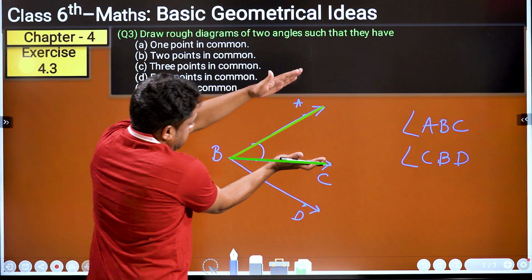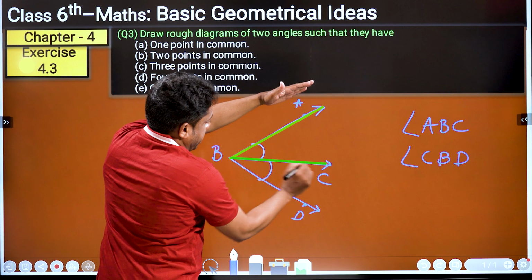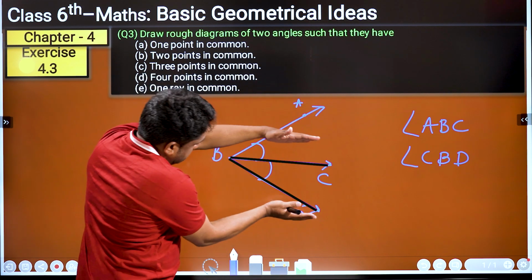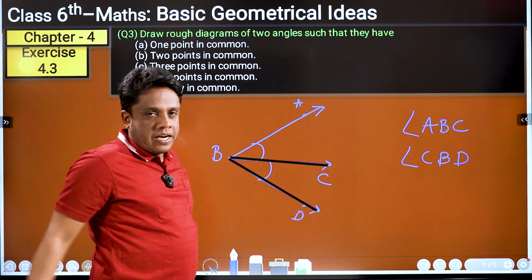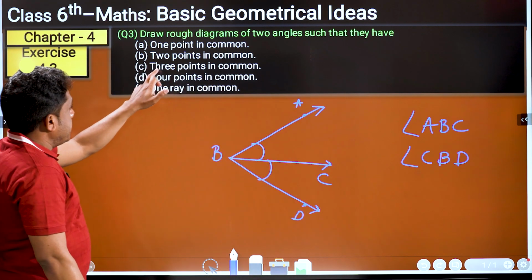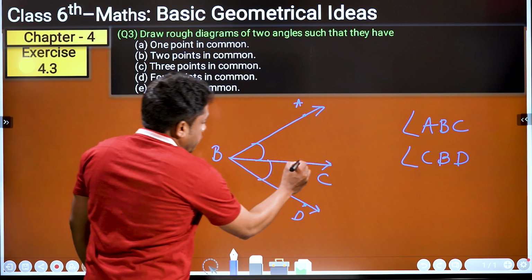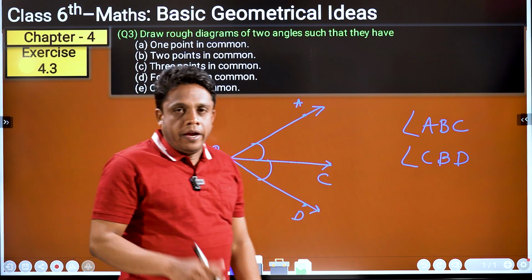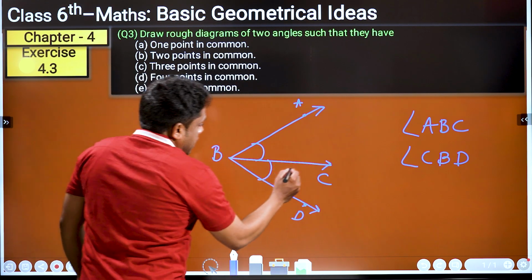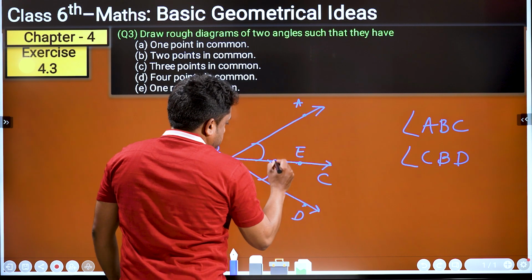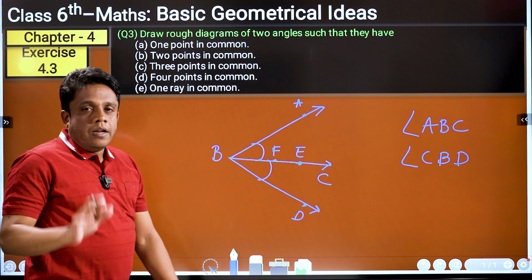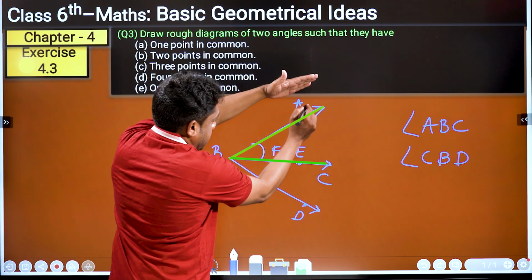If you consider this angle, we have points B and C, 2 points. Again these 2 points B and C are common for both of these angles. In our previous part, in 3 points in common, we put a point here, right? In the same way, I will put another 2 points here. That means this is your E and this is your F. Now consider the first angle, that is ABC.